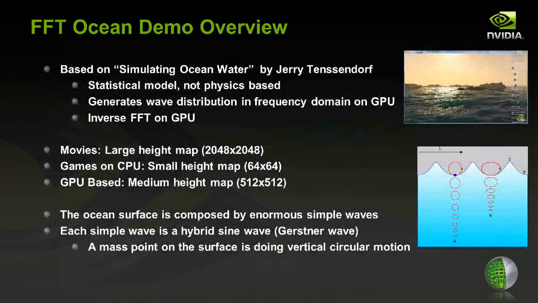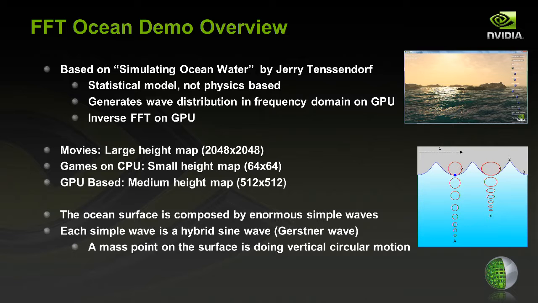To give you a quick overview of what that's about, it uses the algorithms that were developed by Jerry Tessendorf from his paper Simulating Ocean Water. It is a statistical-based model. It's not physics-based. The idea is it basically generates a bunch of sine waves and makes that into a displacement map. And then we use FFTs and bring that over into DirectX to actually make polygons out of it and then display the ocean.